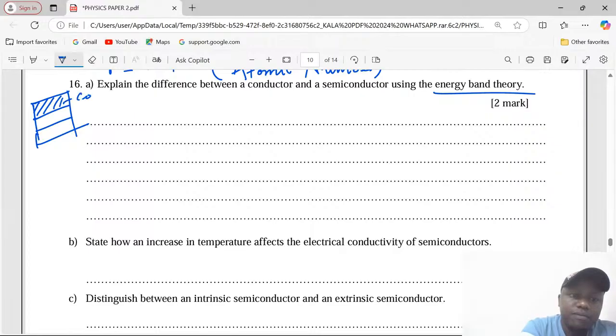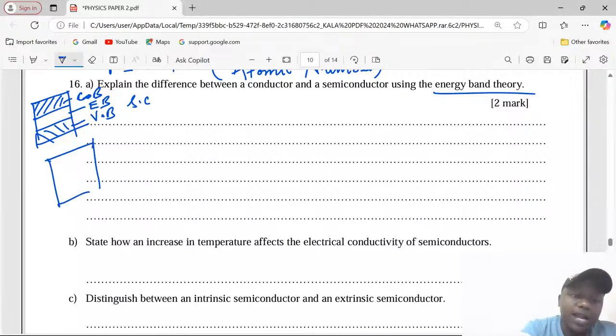This is the conduction band. This one is the valence band. This one is the energy band. Then we are also having this is a semiconductor.